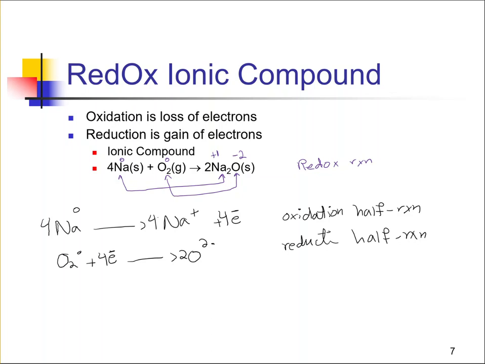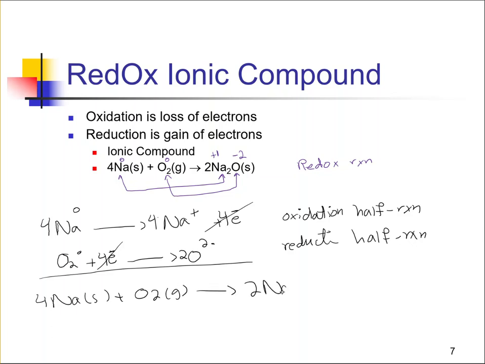Now, if I put these two reactions together, the electrons lost by sodium are gained by oxygen, and the result is 4 sodium plus oxygen gas gives us 2 sodium oxide. This is a redox reaction.